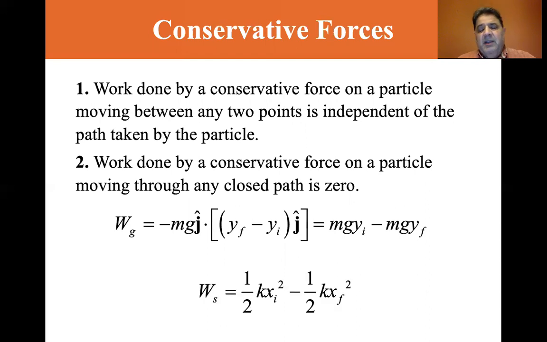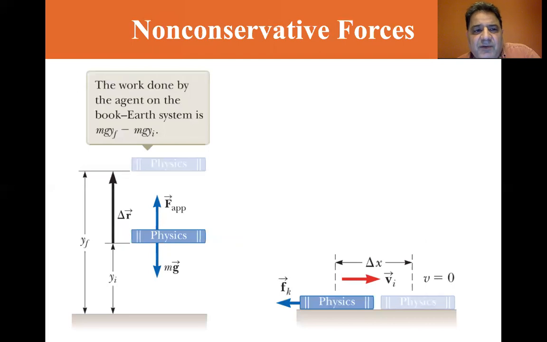The work from a spring is equal to 1/2 k x initial squared minus 1/2 k x final squared. And there, the path doesn't matter either. This is also a conservative system. Now, non-conservative forces.